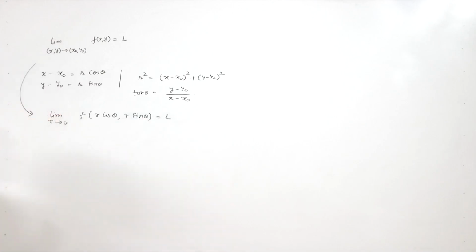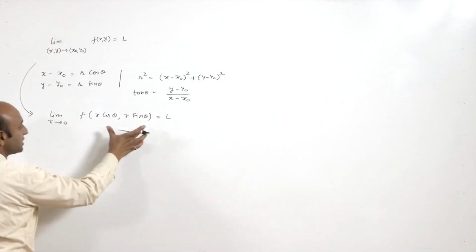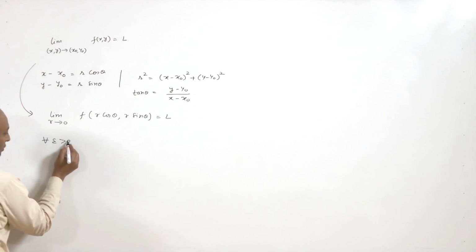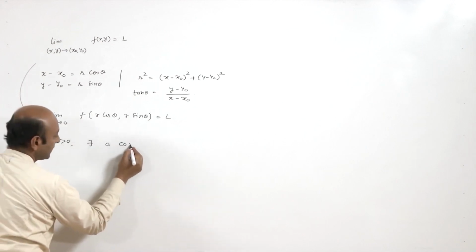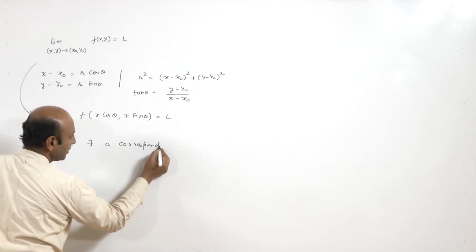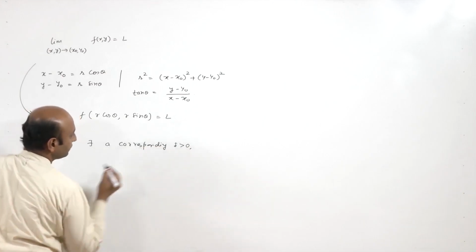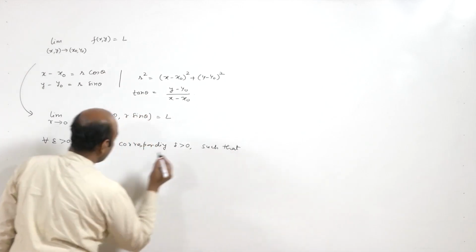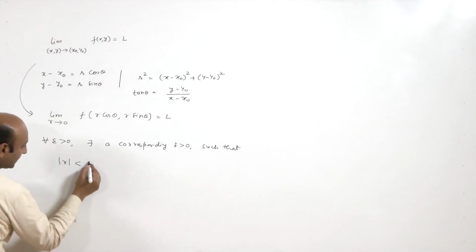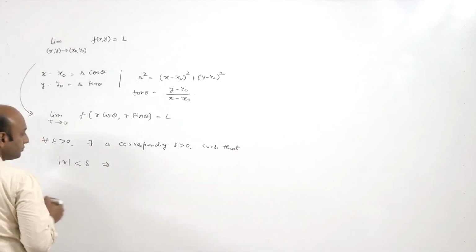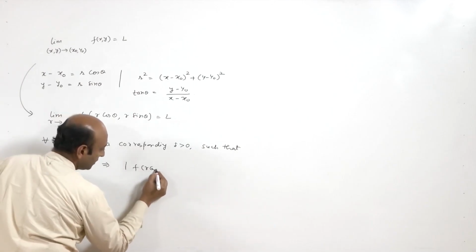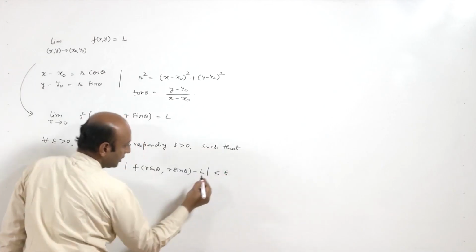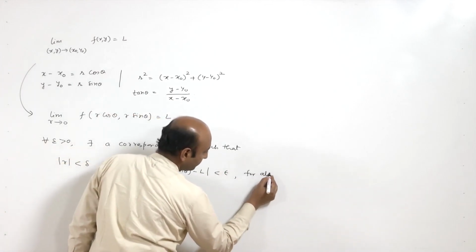So, how can we define this in delta epsilon now? To show the existence of this limit, again we will use the concept of delta epsilon, that is, for every epsilon greater than 0 there will exist a corresponding delta greater than 0 such that mod r less than delta implies mod of f(r cos theta, r sin theta) minus L is less than epsilon for all r and theta.